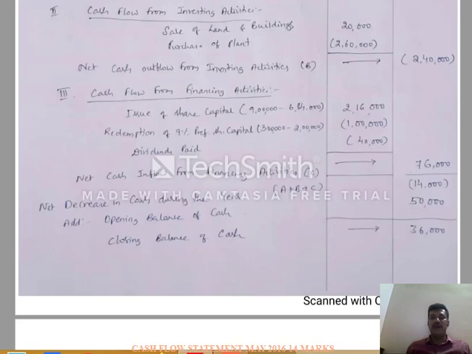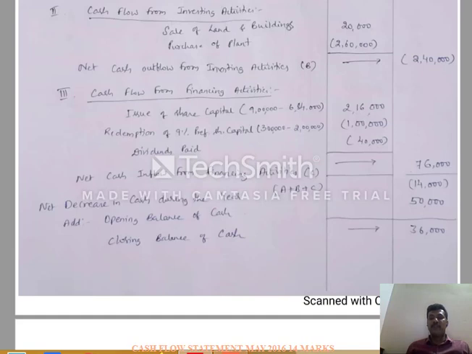Now we have to add the total of part 1 net cash flow from operating activities, then second one net cash flow from investing activities, and third one net cash flow from financing activities, A plus B plus C. So that comes to minus 14,000. That should be treated as net decrease in cash during the year.